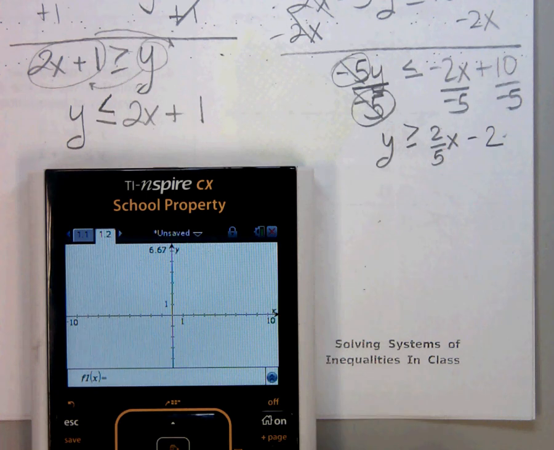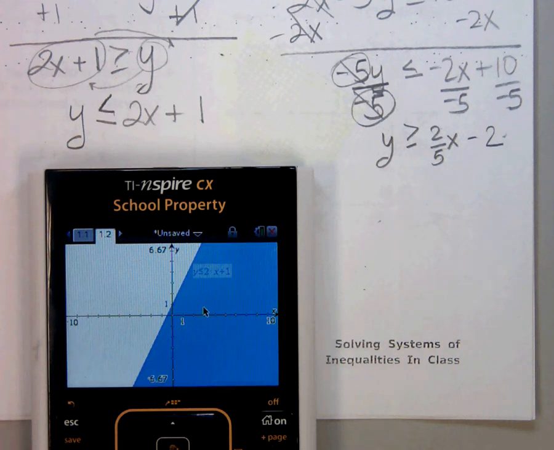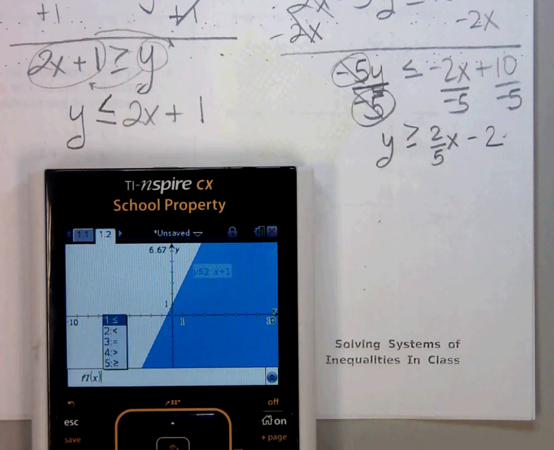So take the equal sign away by hitting delete. We need a less than or equal to, so that was number 1. Enter. Then 2x plus 1. Enter. Because I hit enter, I have to hit tab. Delete the equal sign. This time I'm going to press greater than or equal to. That's 5.